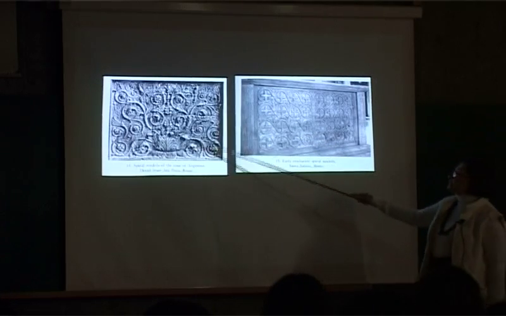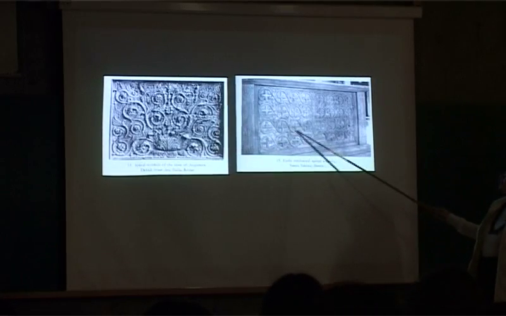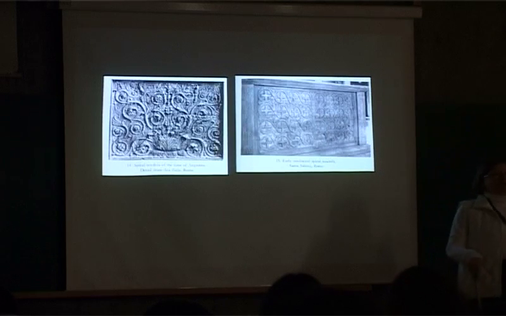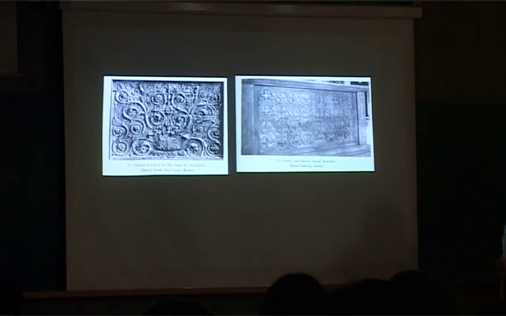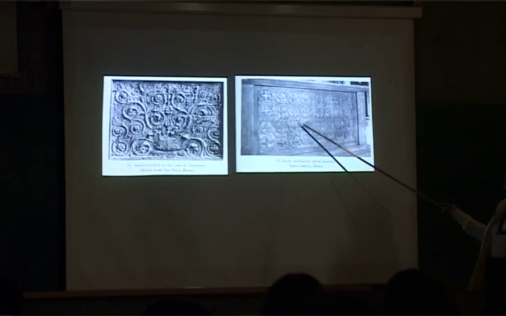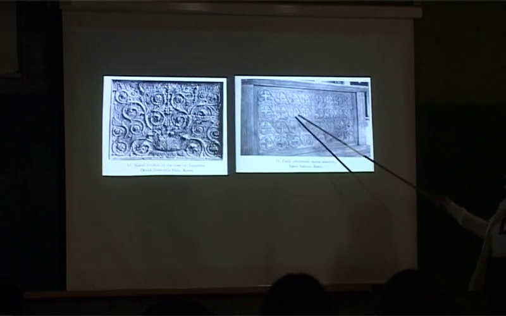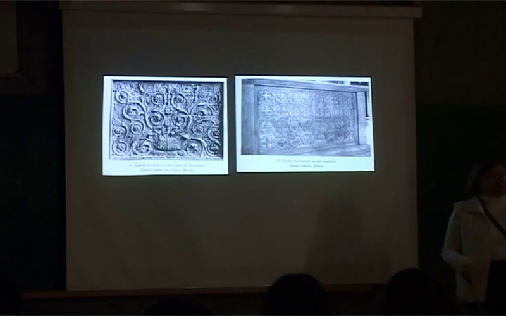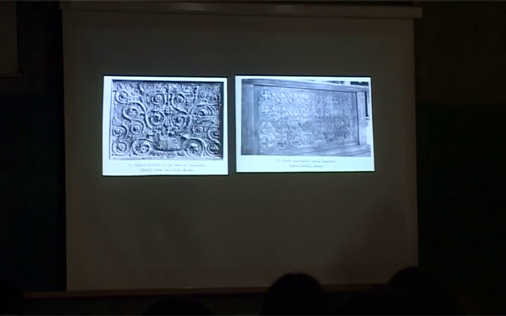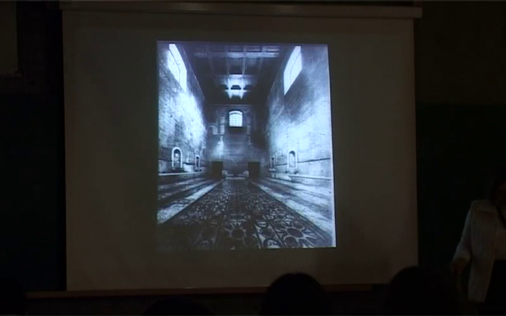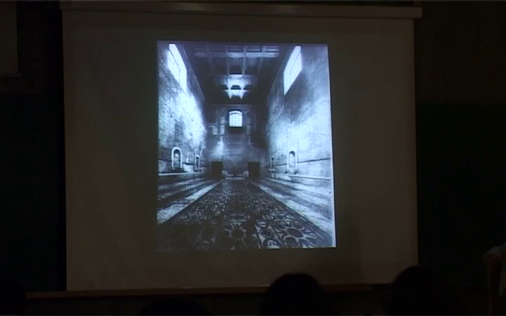You have spirals here as well, but the spirals here are more didactic. They are simplified and reduced into a very tight geometric scheme, also including symbols of Christianity, showing the rising importance of Christianity.